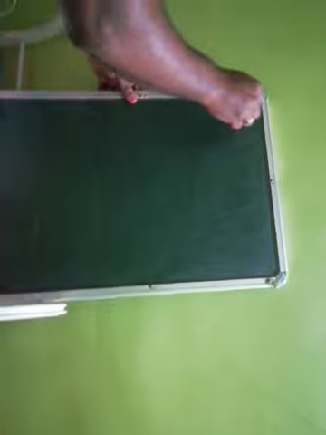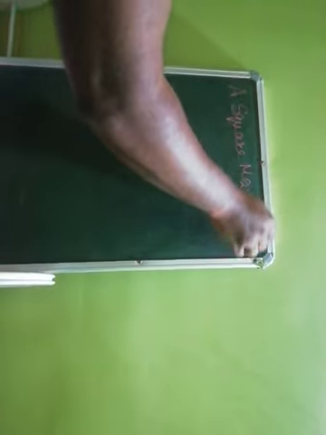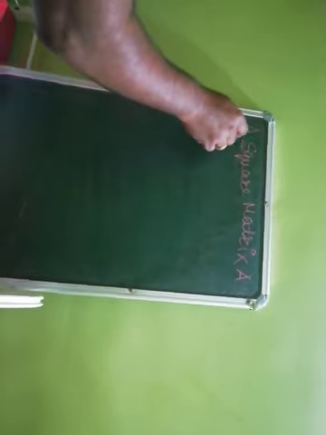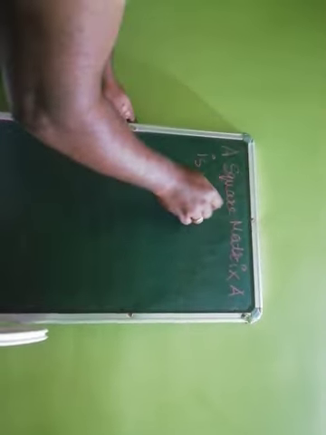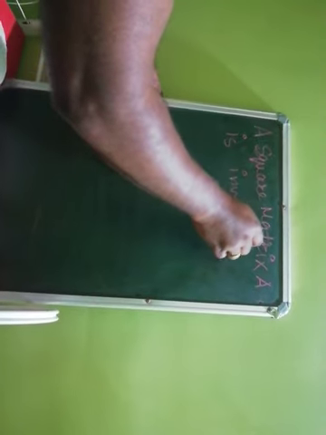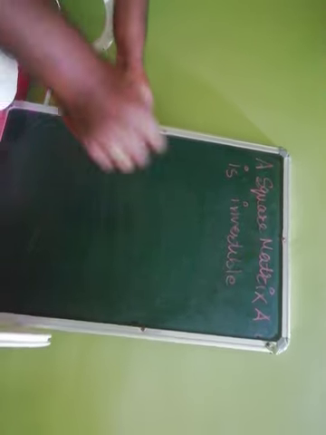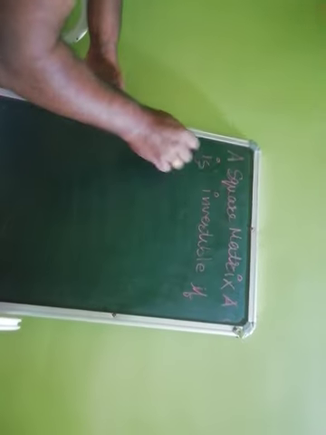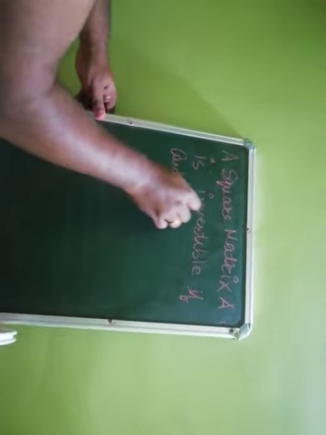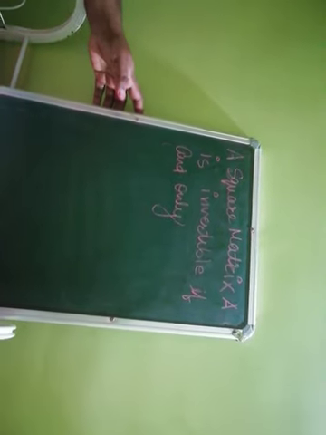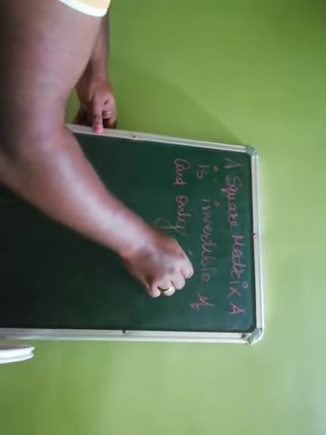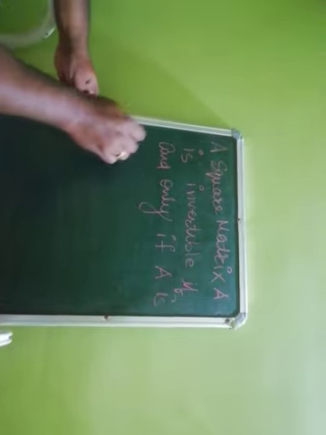So we can write that a square matrix A is invertible, that is necessary and sufficient, if and only if A is non-singular.